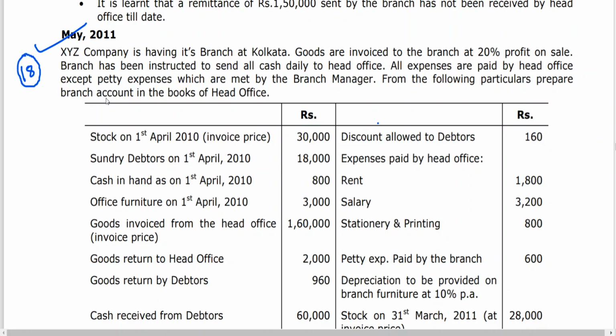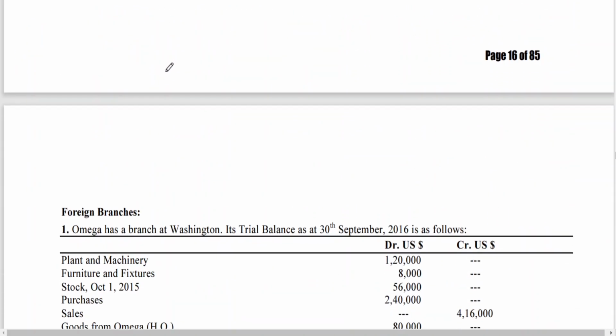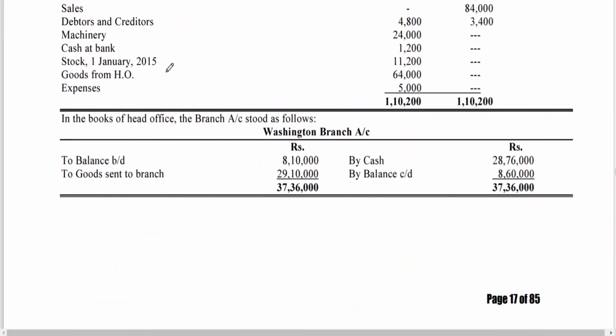So totally, first phase, we have 18 problems in the branch account, and then for foreign branches you have 1, 2, 3.